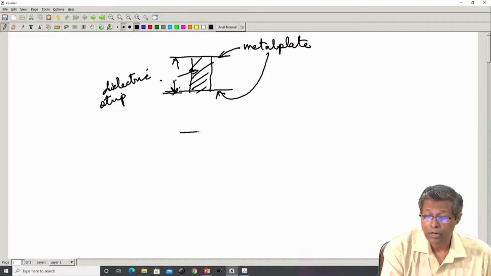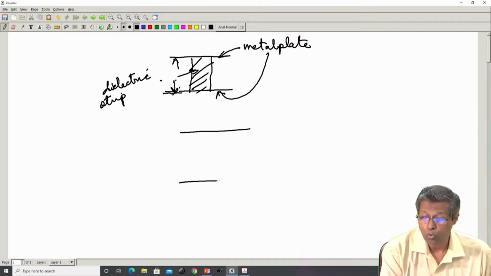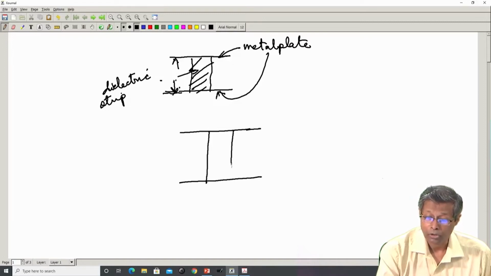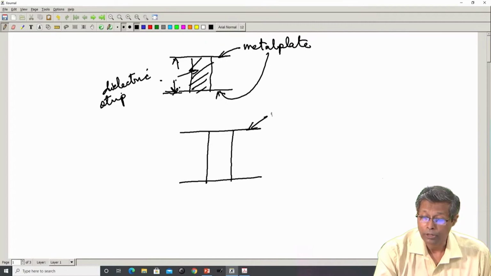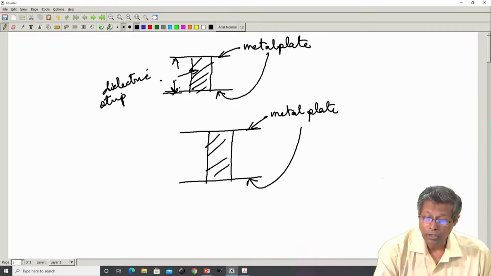So, the non-radiating dielectric guide is typically two metal plates, also called ground planes. So, this is a metal plate and so is this a metal plate, and within the two metal plates there is a dielectric strip.